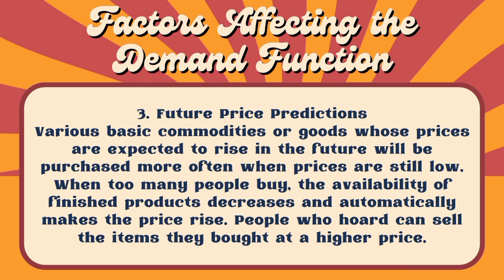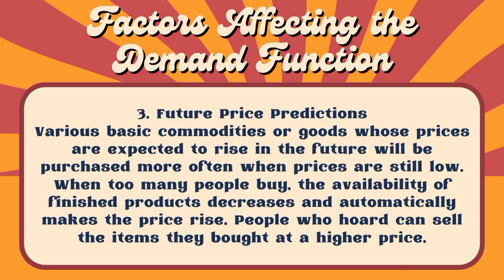The last factor affecting the demand function is future price predictions. Various basic commodities or goods whose prices are expected to rise in the future will be purchased more often when prices are still low.